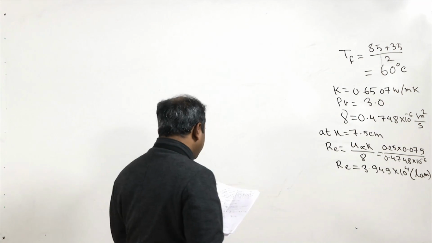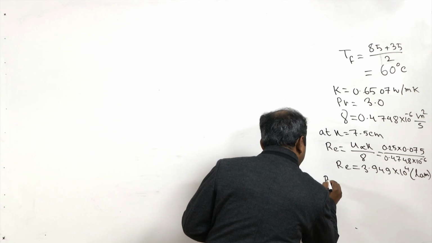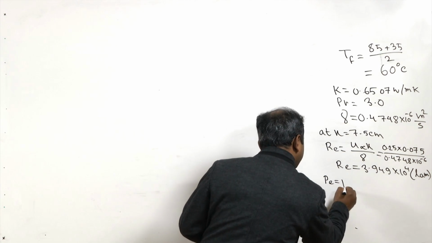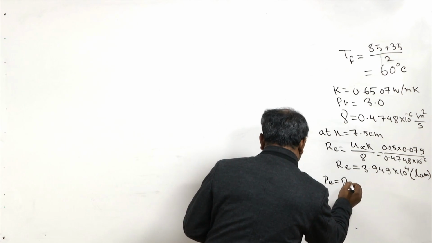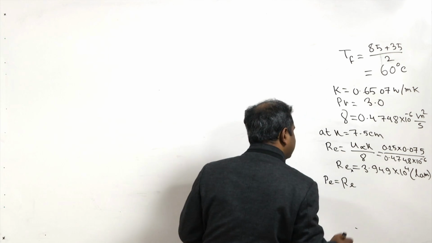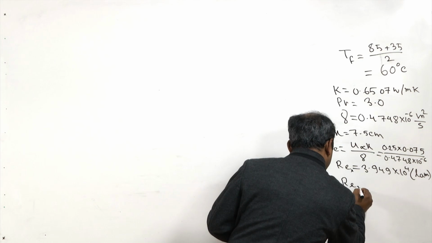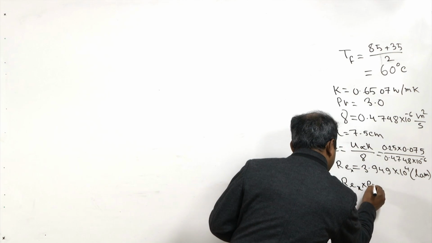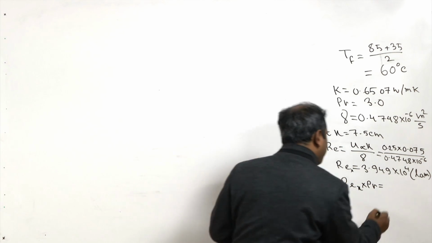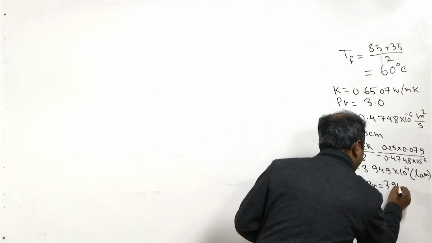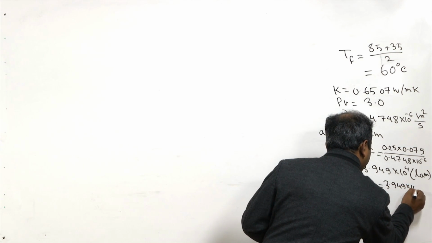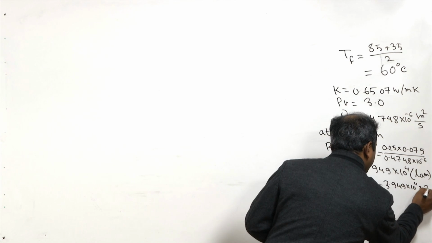Now if it is laminar, quickly we can find out the Peclet number. Peclet number is Re, by the way this is Rex at 7.5 centimeter, into Pr. So this becomes 3.949 into 10 to the power 4 into Prandtl number, which is 3.